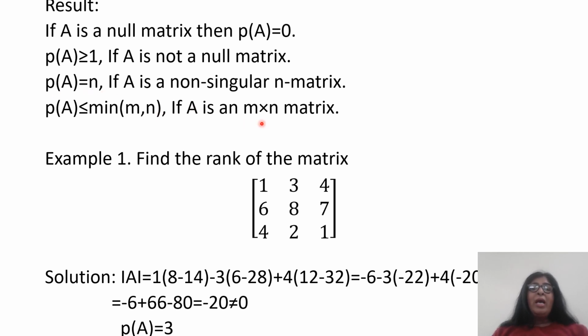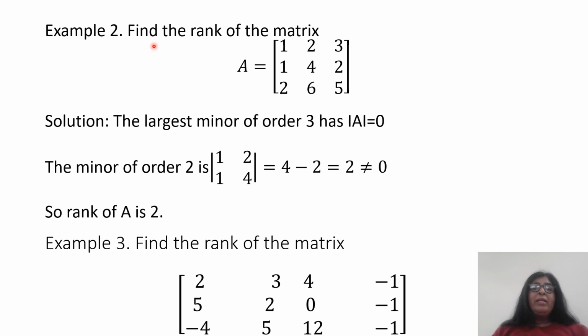If A is an m by n matrix, so it is a rectangular matrix, then the rank of A will be less than or equal to the minimum of m, n. For example, if m is 2 and n is 4, so it is 2 by 4, then the rank of A will either be 2 or less than 2.